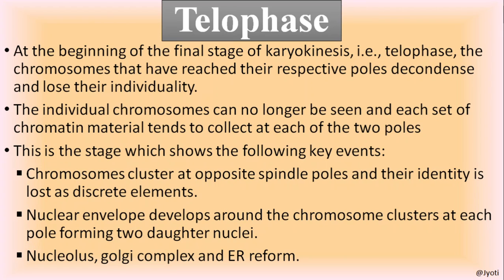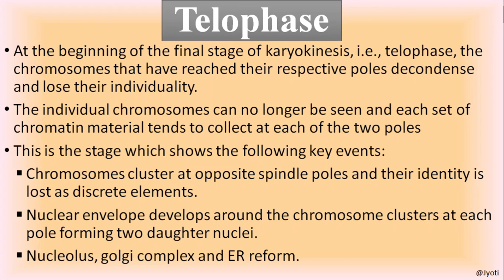The key events include that the chromosomes cluster at the opposite spindle poles and their identity is lost, and again they become chromatin material. Now the nuclear membrane, which started disappearing in prophase and completely disappeared in metaphase, reappears.